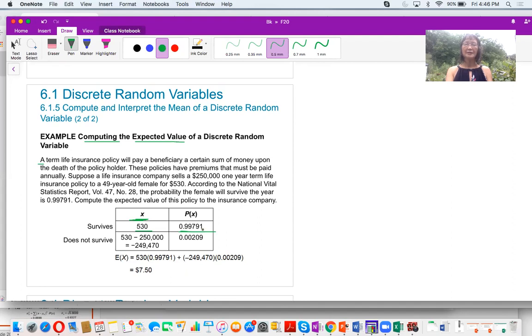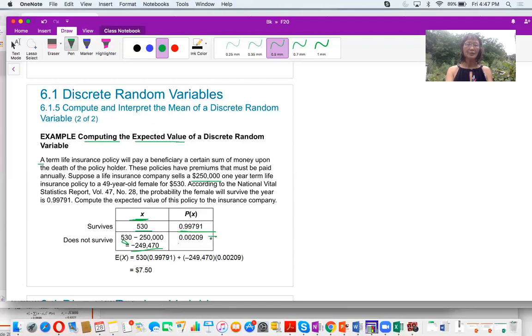But in case you die, the insurance will give you $250,000, but you already paid 530 up front. So you are going to get this amount, 249,470. And what is the chance of this?